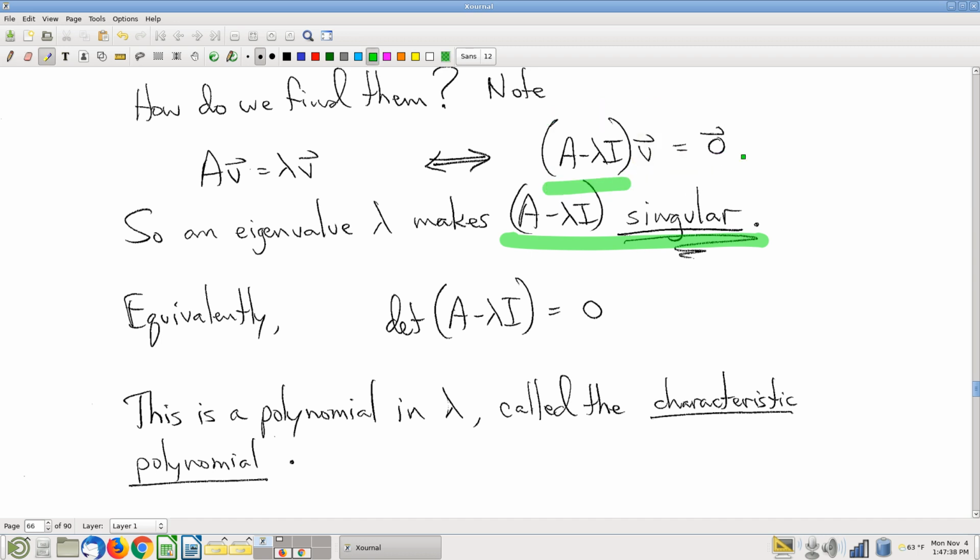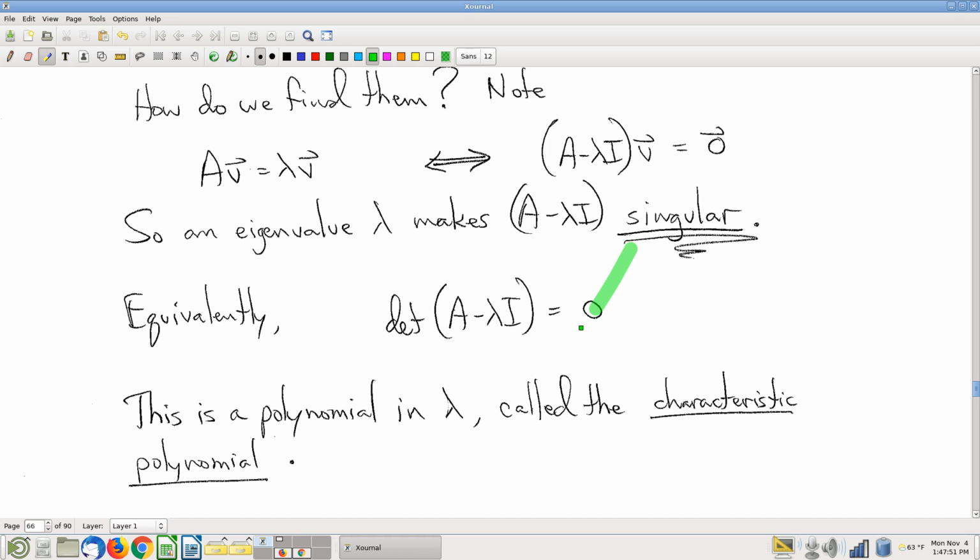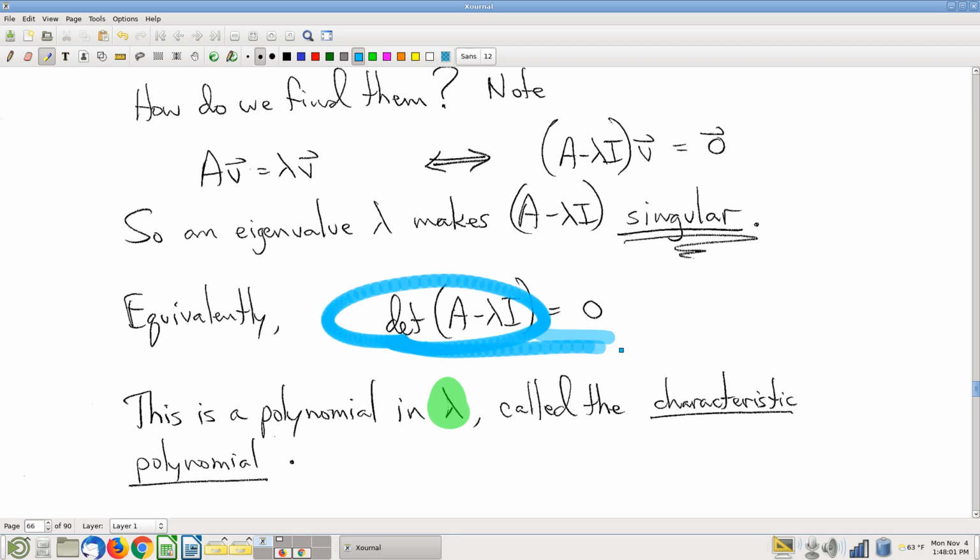Okay. So how does this help us? Well, singular matrices have this feature, and what's nice about this feature is that it's pretty algebraically computable. So that's going to be our big idea. The way we're going to find eigenvalues is we're going to look for roots of this characteristic polynomial, they call it.